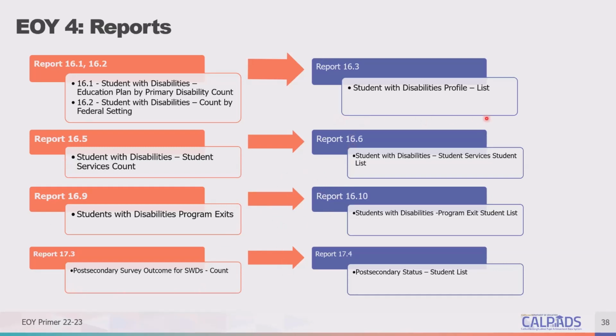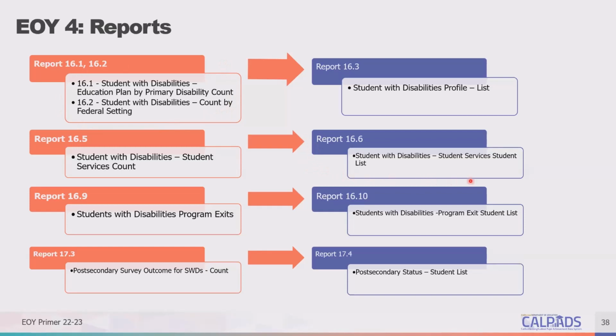So report 16.3, Students with Disabilities Profile List, is a supporting report that helps you to understand both Report 16.1, Students with Disabilities Education Plan Type by Primary Disability Count, and Report 16.2, Student with Disabilities Count by Federal Setting.